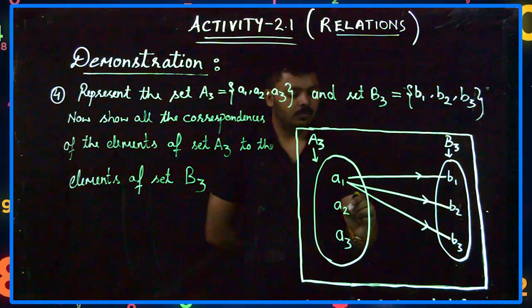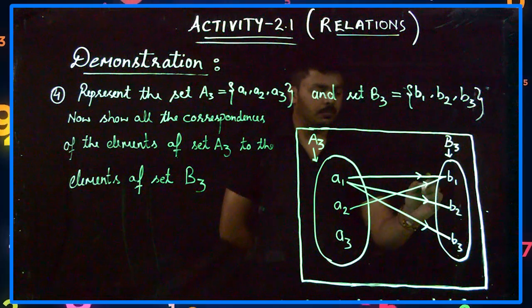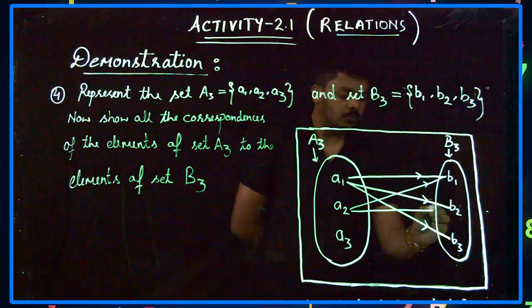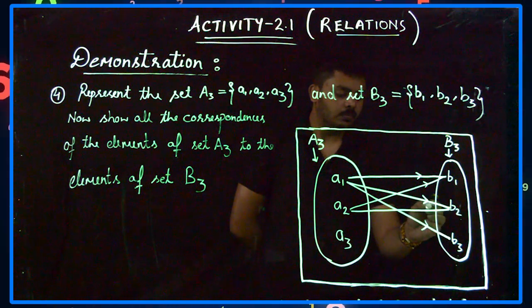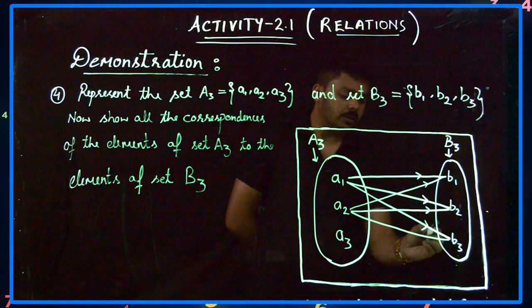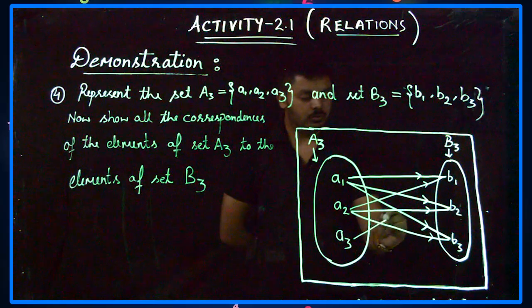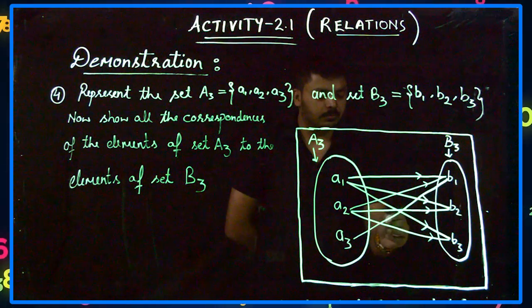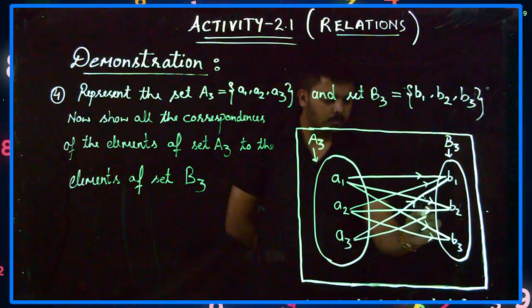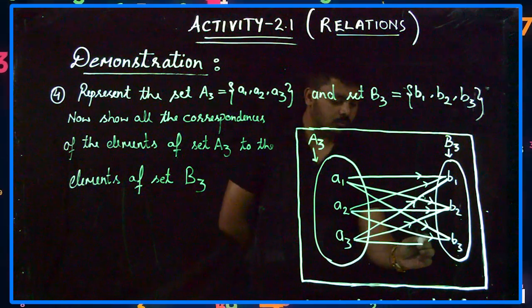Now A2 B1, A2 B2 and A2 B3. Now A3 to B1, A3 is to B2 and A3 is to B3.